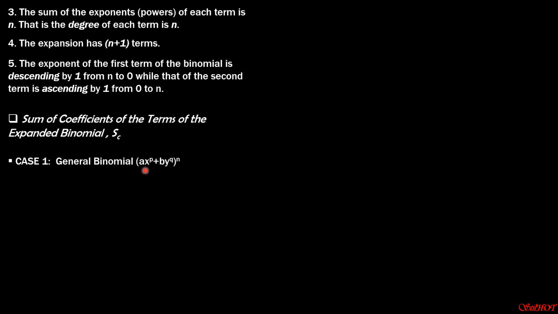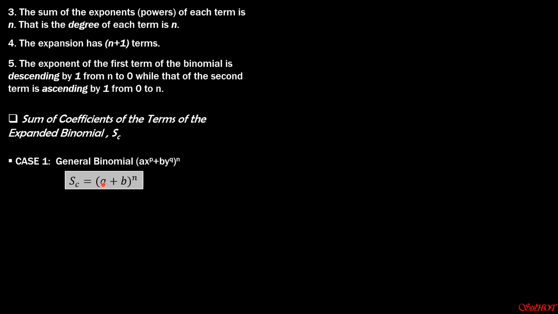So it is simply the quantity a plus b raised to n. So for instance, 1 plus x plus y, quantity cubed, earlier. The coefficients were 1, 3, 3, 1, if you can recall. So that would be 8.